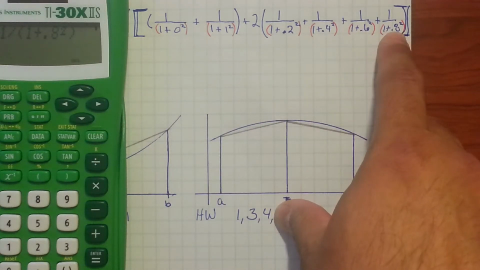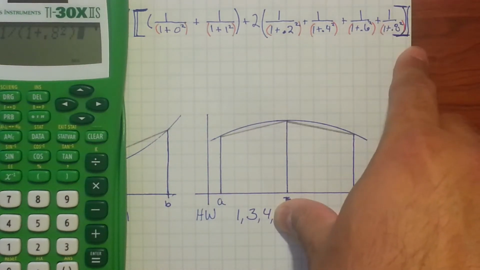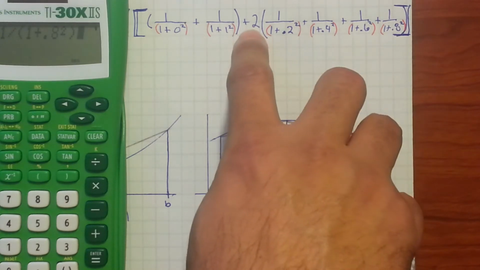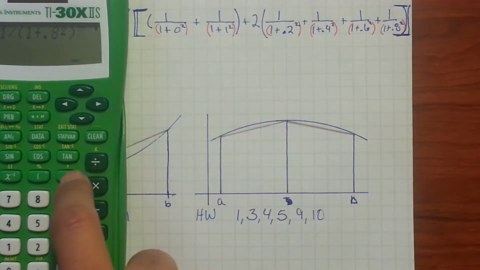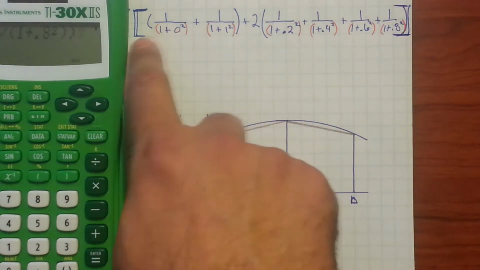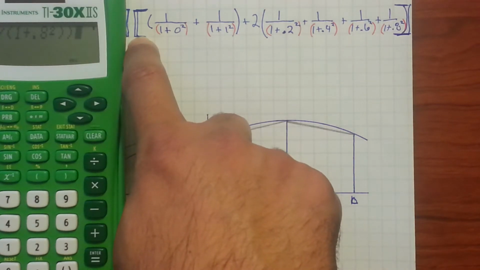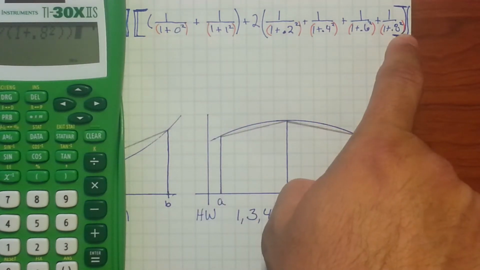So now I close that one. Now I have to close this one right here, which I opened right here because it's 2 times all of this. Close that there. And then because I started here with the open over here, I go all the way to this one over here.